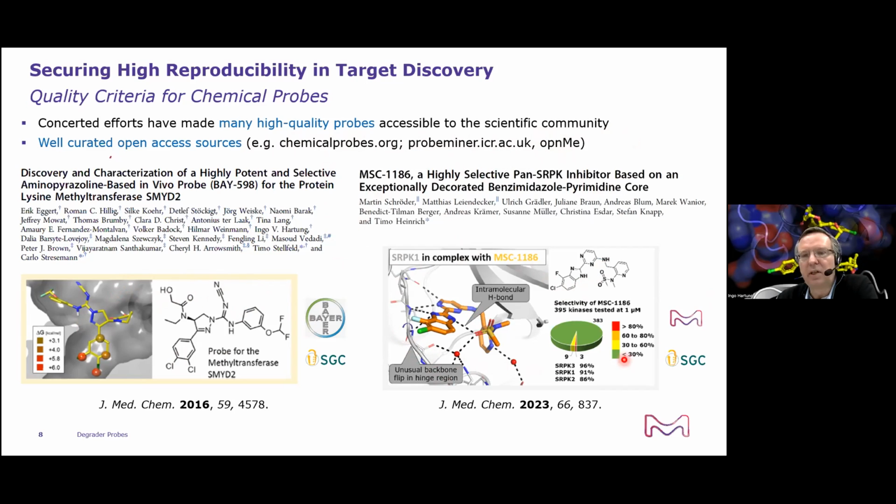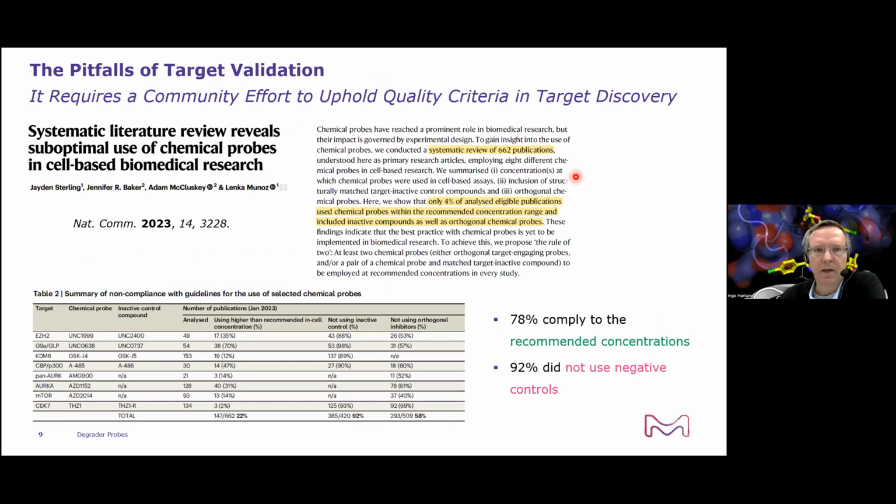And more recently, and this is, I think, quite important, kinase inhibitors. There are now more and more highly selective kinase inhibitors in the public domain which allow us to study the biology of so far understudied kinases, like this family of kinases which is involved in modulation of splicing.